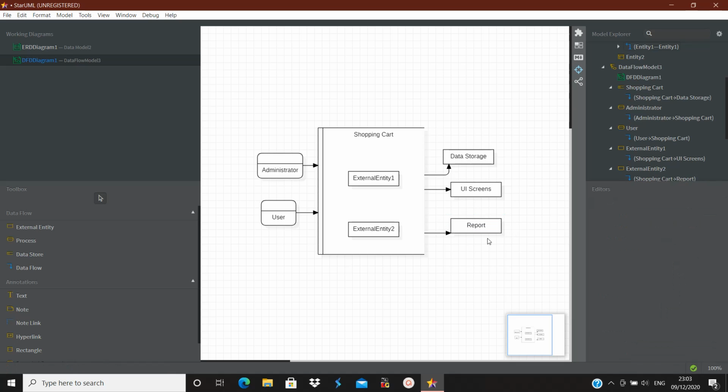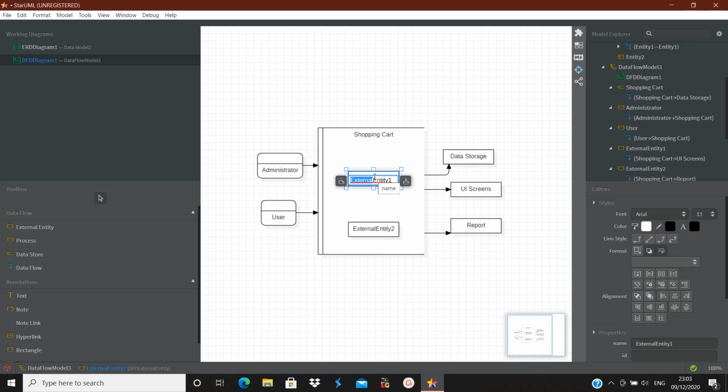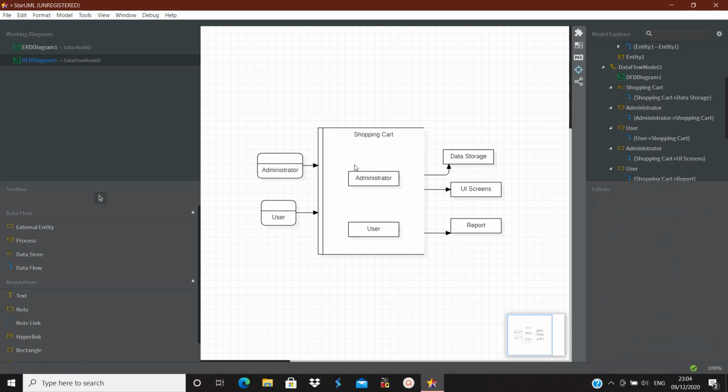These three entities are used outside the system. Inside the system we use two entities. The first one is the administrator, and the second one is user. So I name it as administrator and user.